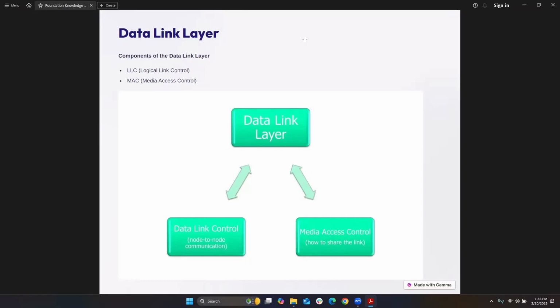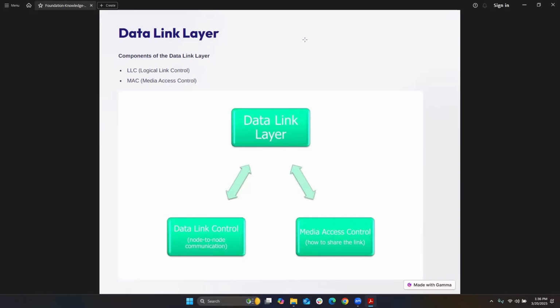The other component is the media access control, MAC. MAC is the lower sublayer of the data link layer. It controls how devices share and access the network to prevent data collisions. The functions of MAC are frame encapsulation, which wraps data into frames for transmission, and addressing.